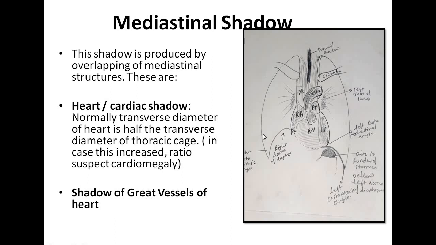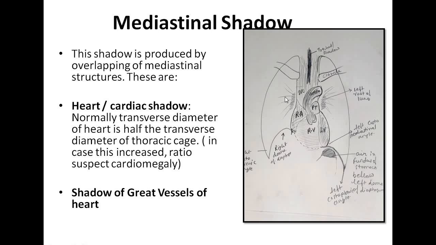So if you calculate this complete diameter and the transverse diameter of the heart, then this is 1/2 of the total thoracic cage. In case of cardiomegaly, that is increased size of the heart, this diameter will be increased. So the normal ratio you should remember is 1/2 of the complete transverse diameter of the thoracic cage.